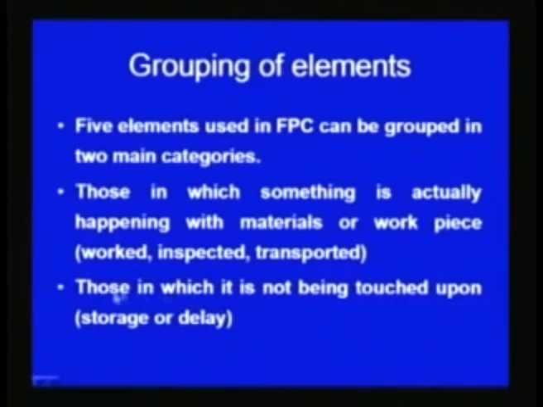So, there are certain elements like operation, inspection and transport in which the workpiece is touched and something happens with it which helps it complete its progress or helps move the raw material forward towards completion. While in the other two elements the workpiece is not actually touched, it is just lying here or there under either authorization or without authorization.